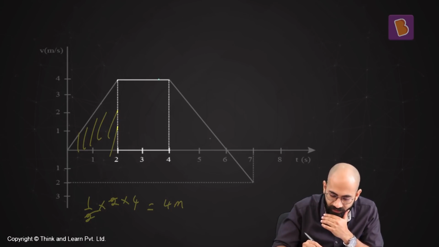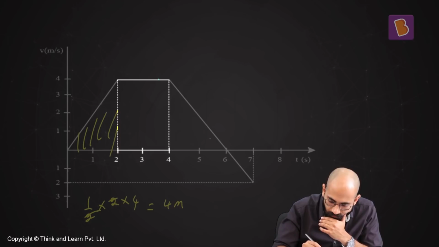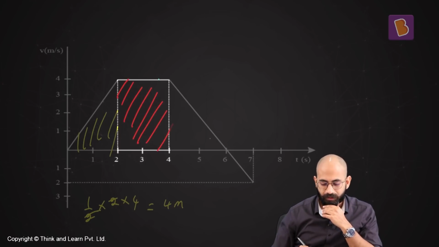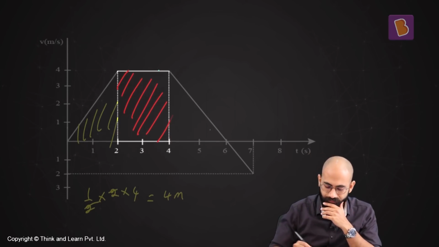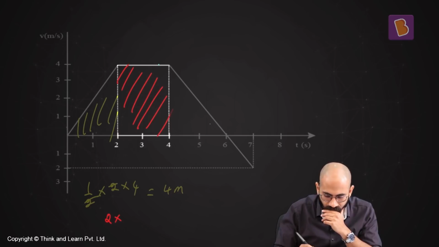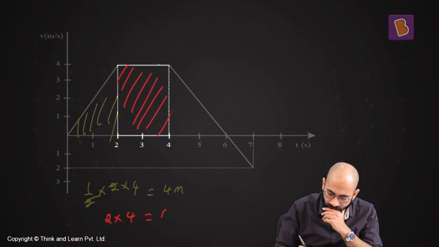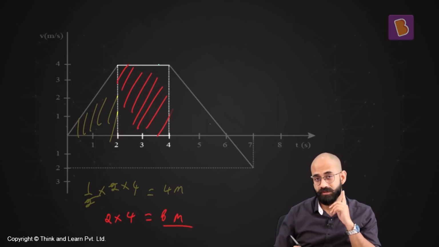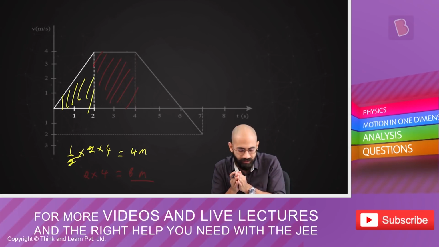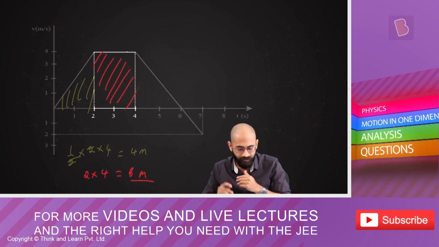Now from 2 to 4 seconds, that is from here to here, that will be the area under that graph. That will be 2 into 4 again, which is equal to 8 meters, positive 8 meters. So initially from 0 to 2, it's traveled 4 meters, and then from 2 to 4, it's traveling 8 meters. Okay.